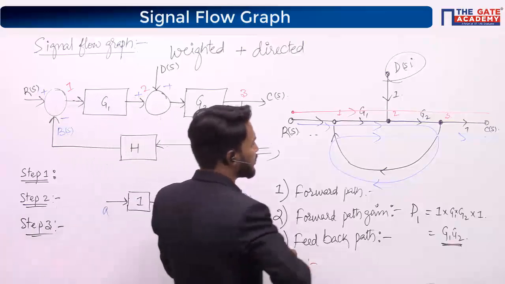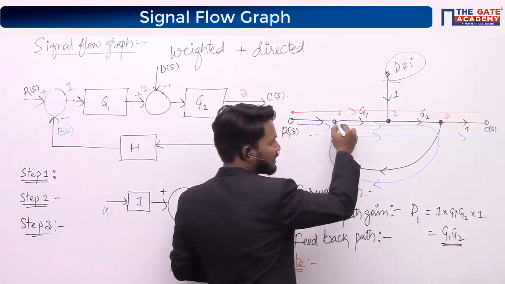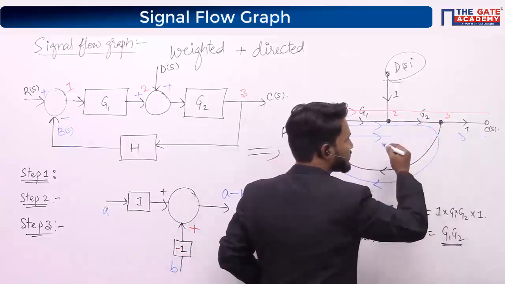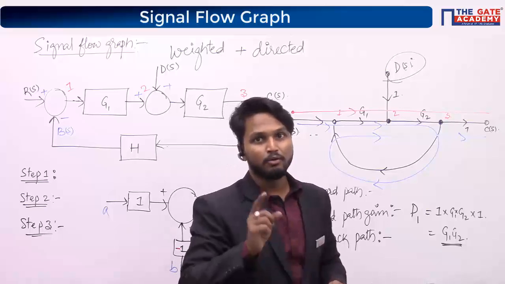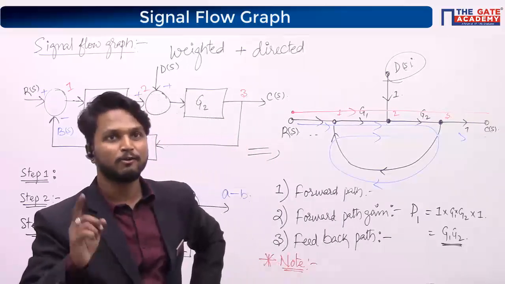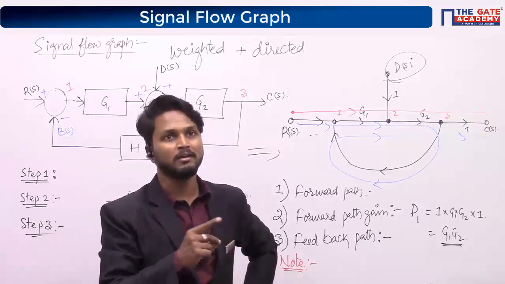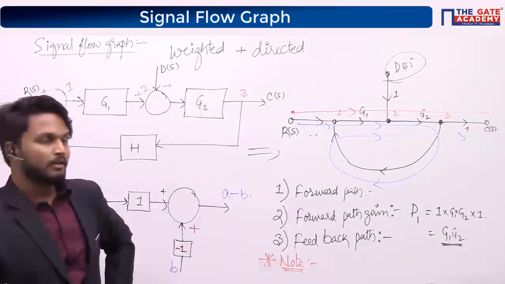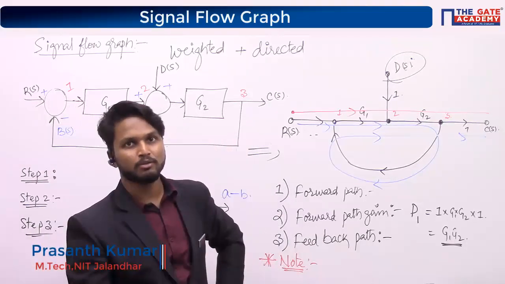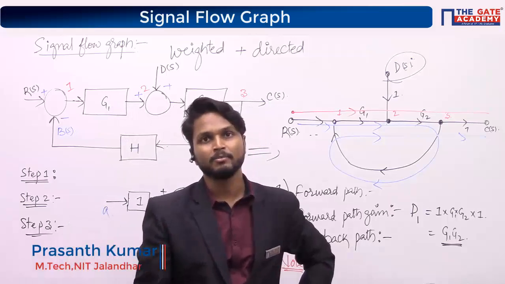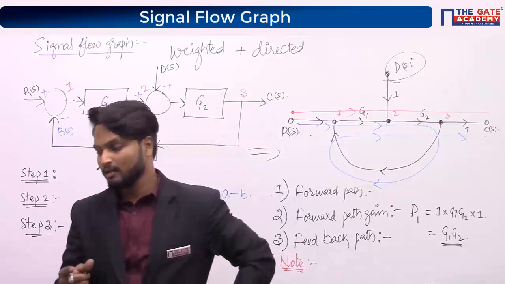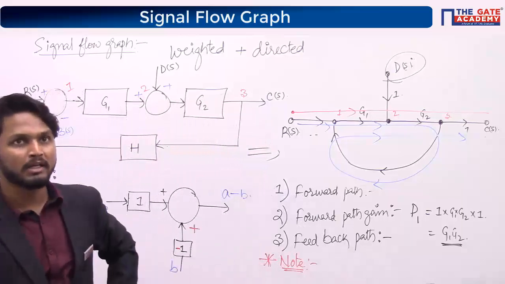In this path, you are encountering this node twice, this node also twice, this node also twice, which means no node should be encountered more than once in any particular path. Is it clear? So in any path, whether it is a forward path or feedback path or whatever path it is, no node should be encountered more than once.